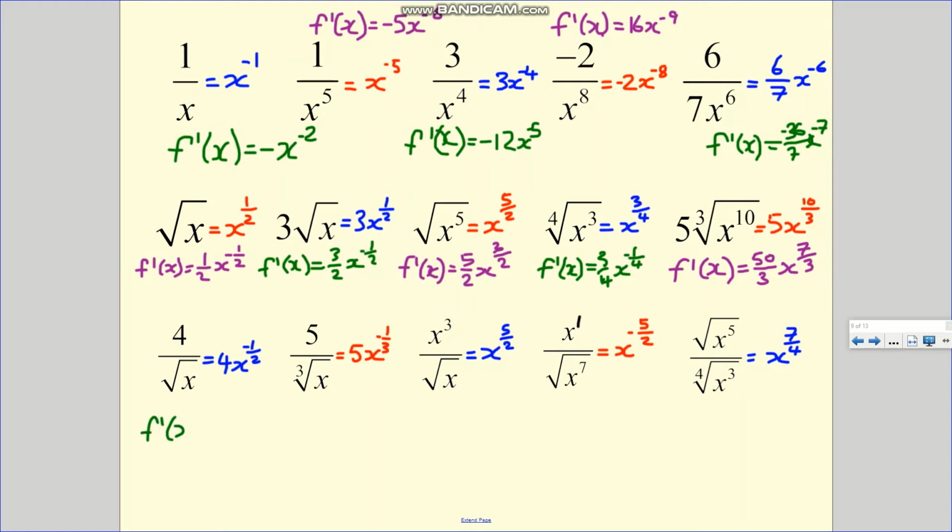F dashed of x, for this one we're doing negative a half times 4, which is negative 2. And then taking 1 away from the power, I'm taking away 2 halves from negative a half already, so it's going to be negative 3 halves.